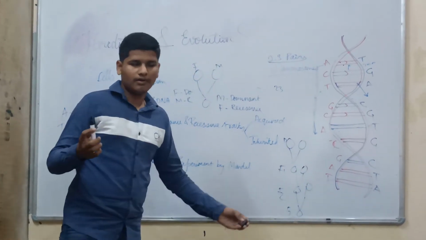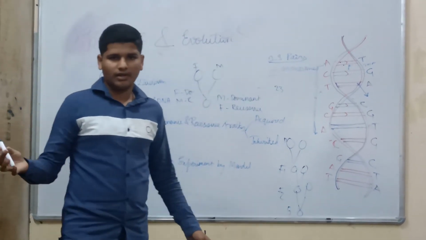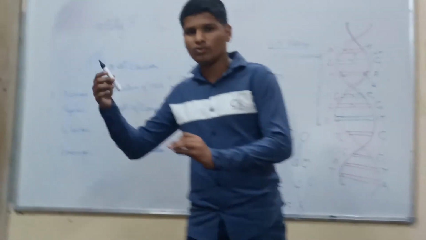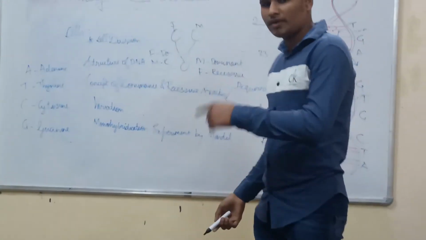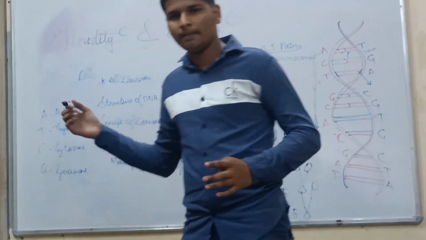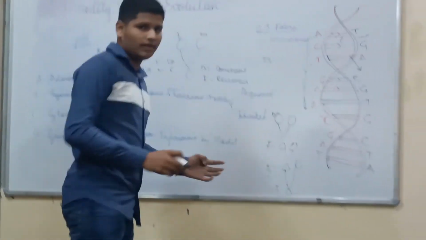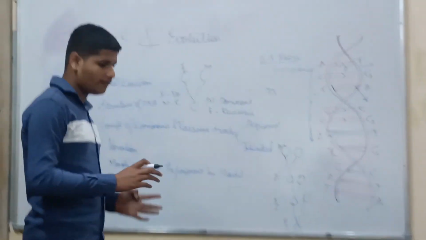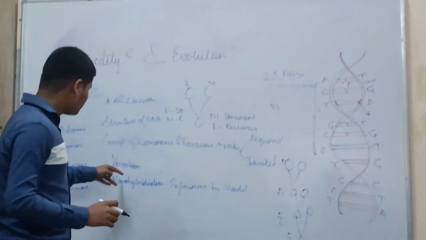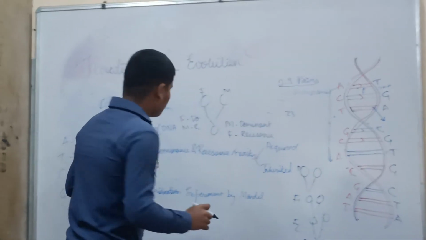I can give an example. If a person in North India migrates to South India and wants to survive there, there should be some variations and adaptations, like the capacity to sustain the temperature. So this is the importance of variation.